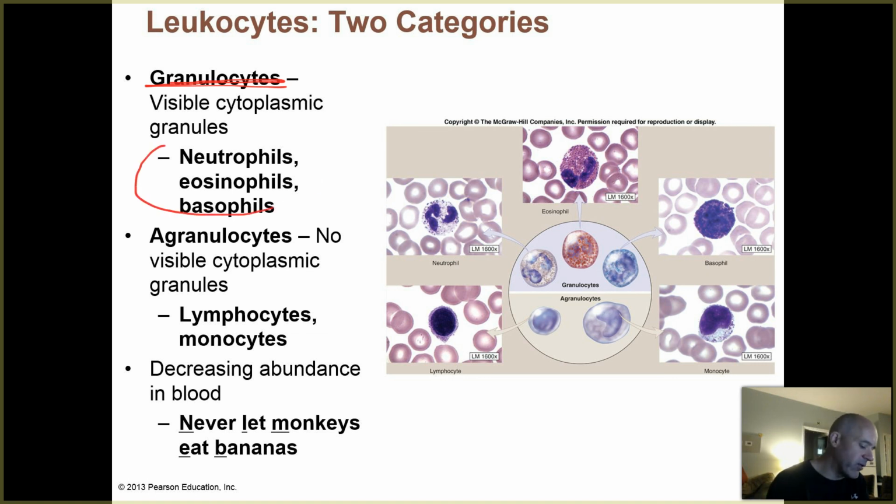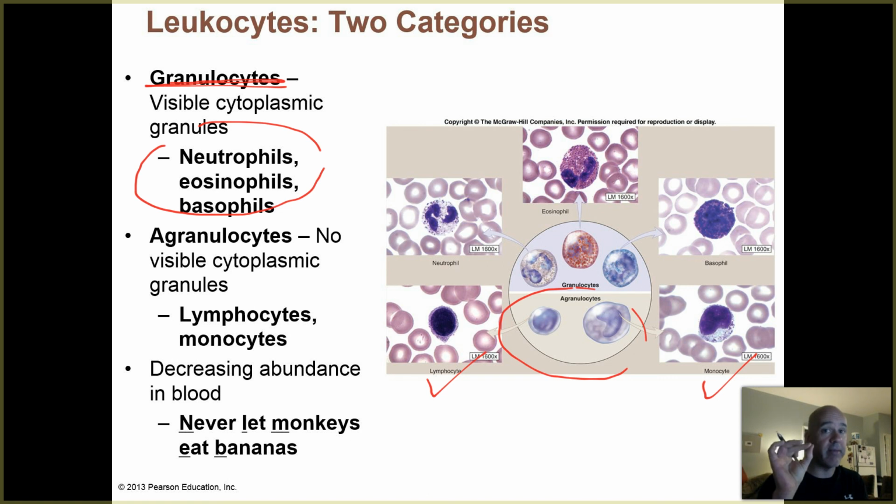Those include your neutrophils, your eosinophils, and your basophils. Then you have your agranulocytes, and those are your lymphocytes and your monocytes. They have that name because their cytoplasms don't look nearly as spotty as those other three types of white blood cells.